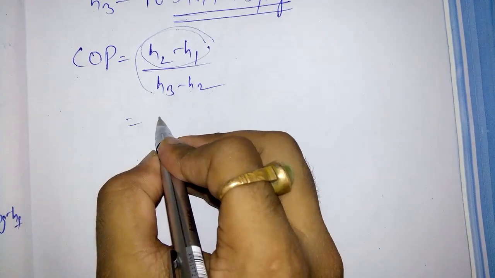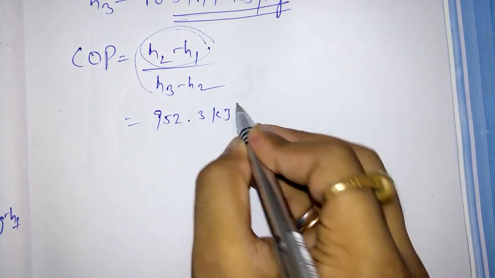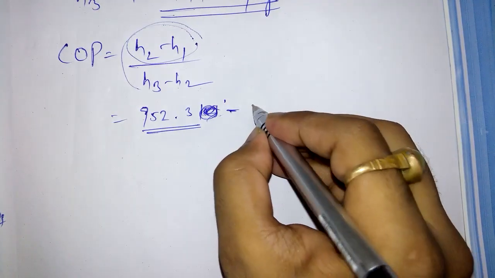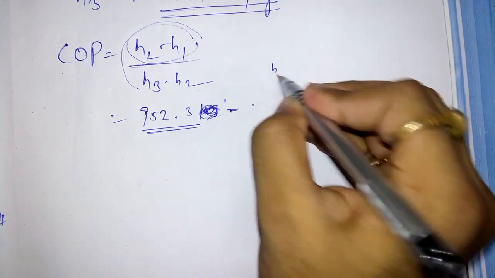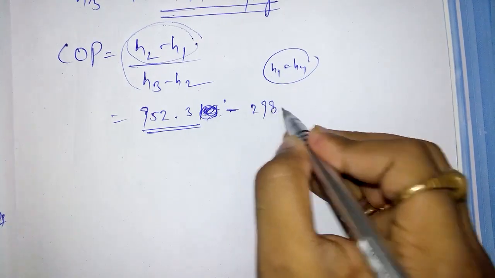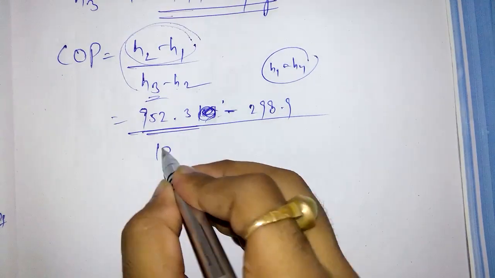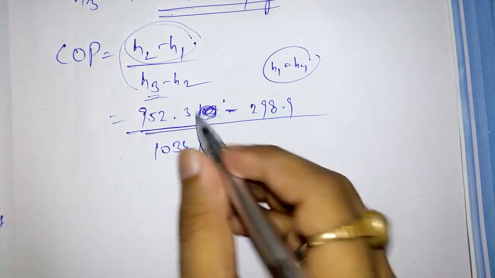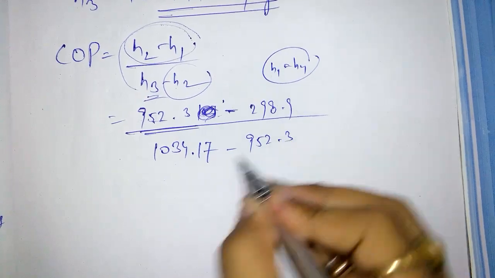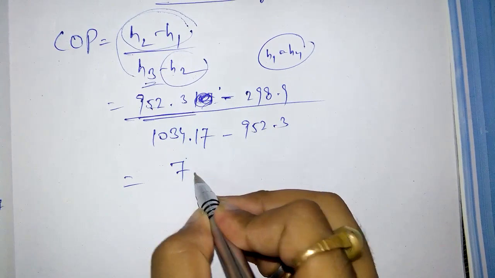Put the value of H2 that you have found, 952.3 kilojoule, minus H1, which equals H4, 298.9, already given in the question, divided by H3, 1034.17, minus H2, 952.3. Once you put these values you will get your answer as 7.98.